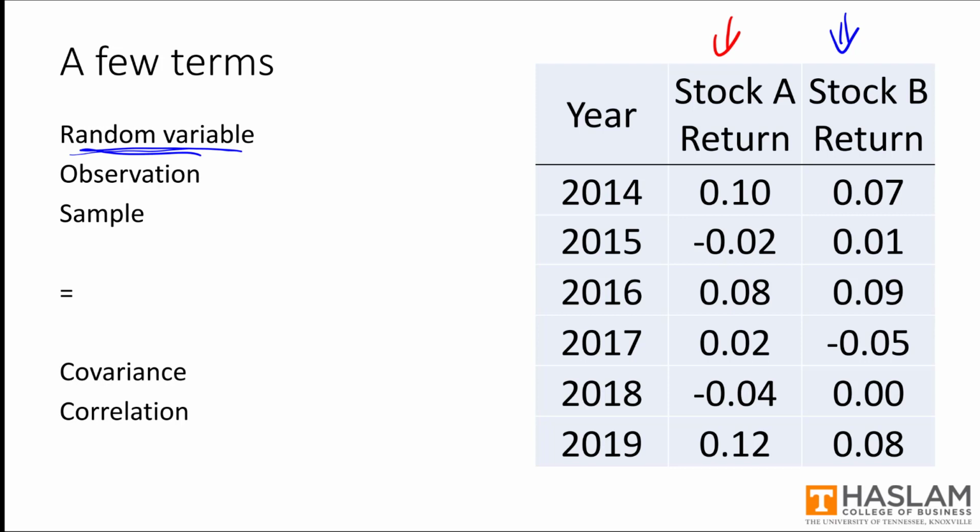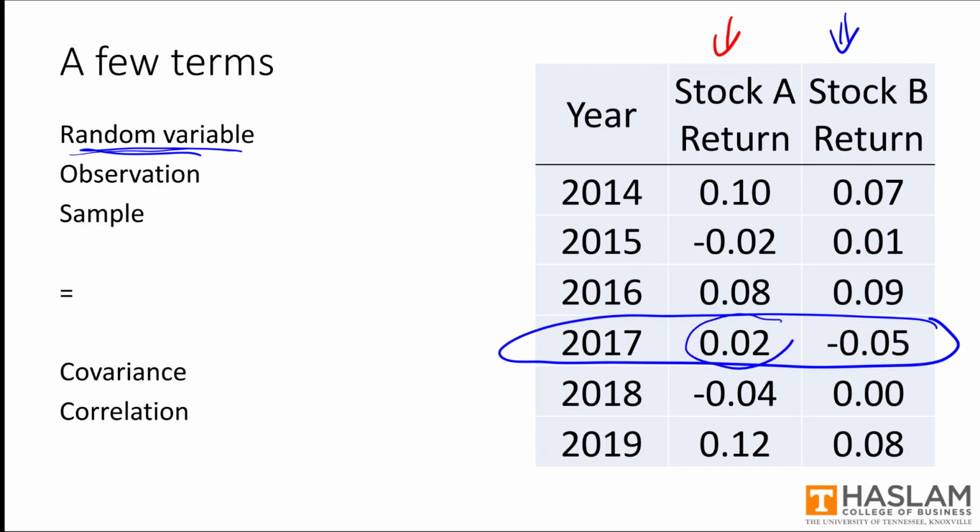We just have 2 random variables now, stock A and stock B, and we still have 6 observations, but each observation now contains a return for both of the stocks. So, for example, the 2017 observation has a stock A return realization and a stock B return realization.